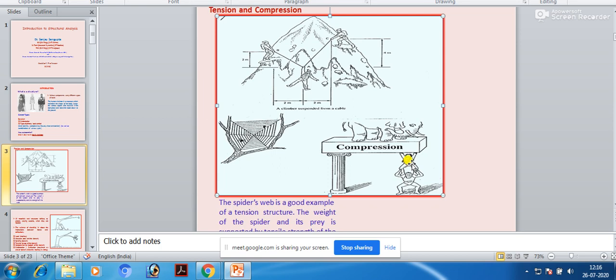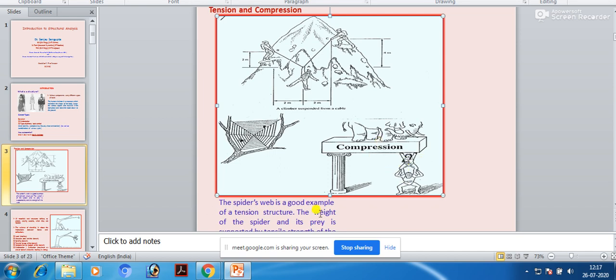There will be a huge amount of compressive force coming. If they cannot take that compressive force, what will happen? The platform on which this elephant is standing will just come down and smash these two persons. So if the smashing needs to be avoided, the structure needs to take that amount of compressive force.